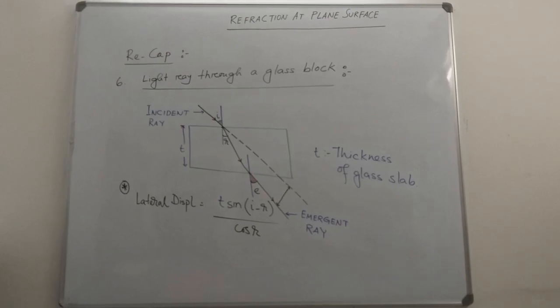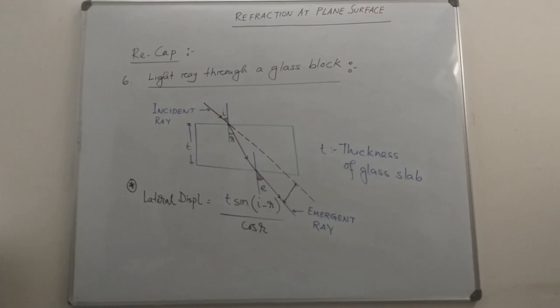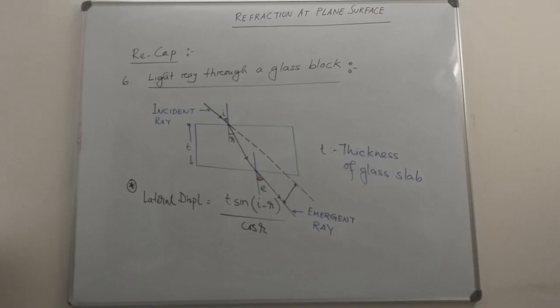Though it is not required in the ICSE Class 10 syllabus, it is not included, in your book you will find it at the bottom of the page, and it tells us the amount of shift that occurs due to this refraction between the actual path of the ray and the refracted path of the ray. The effective deviation is written on the board.